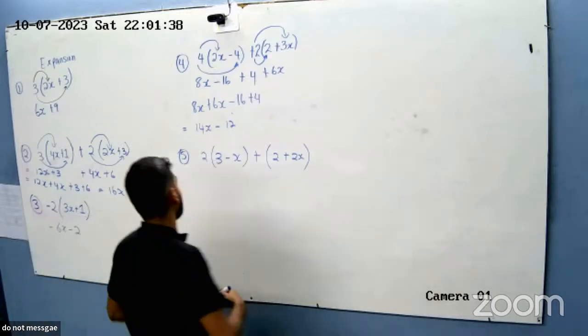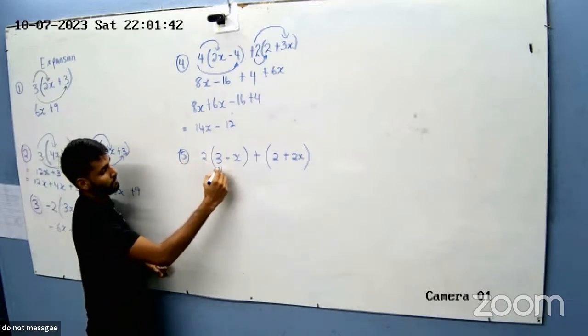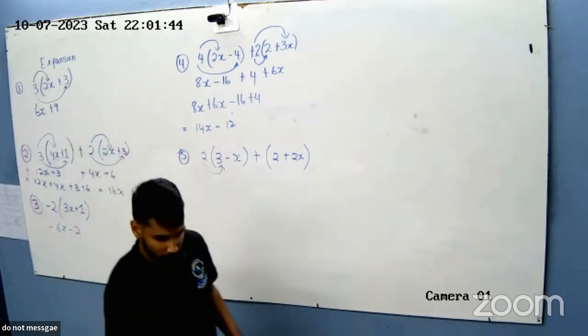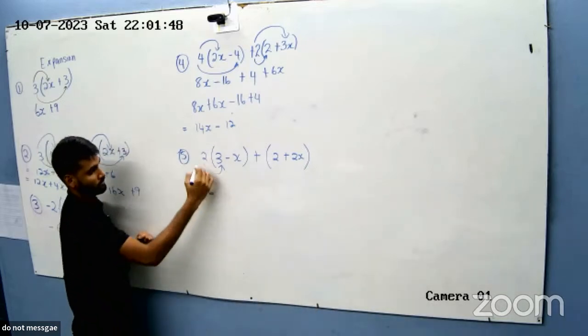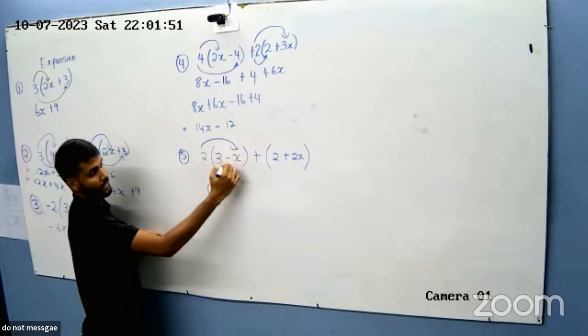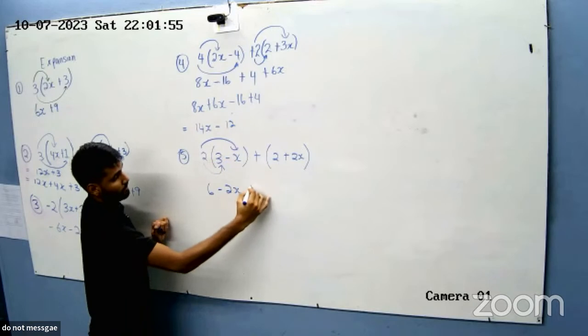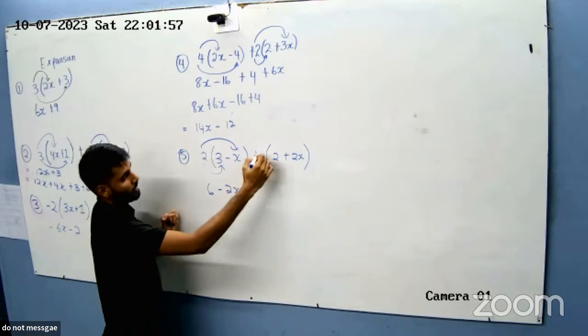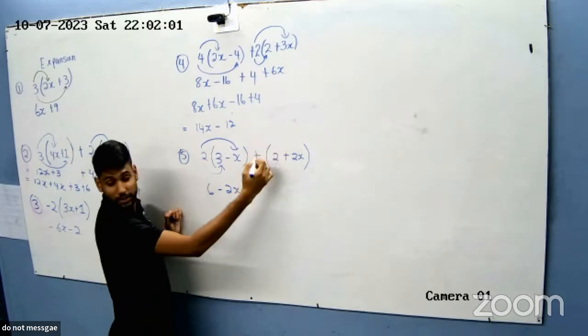Right, so we're doing this one. It is 2 by 3, 6, 2 by negative x, negative 2x, plus, remember I told you, the imaginary 1, not imaginary, but it's understood that there's a 1 here.